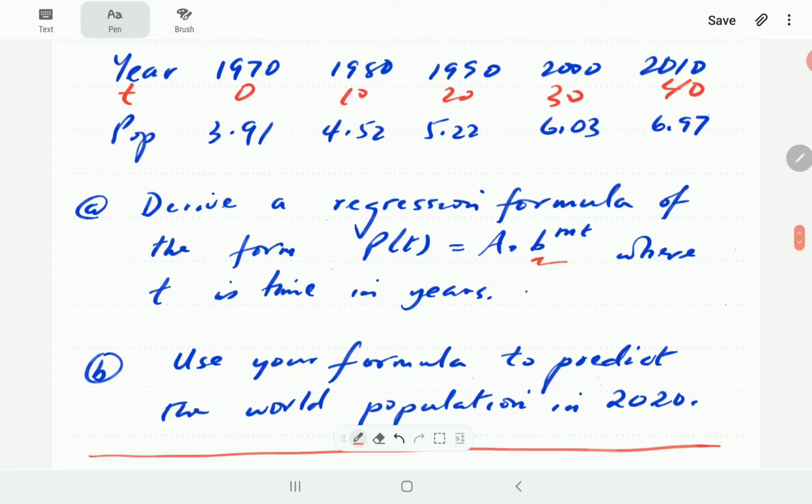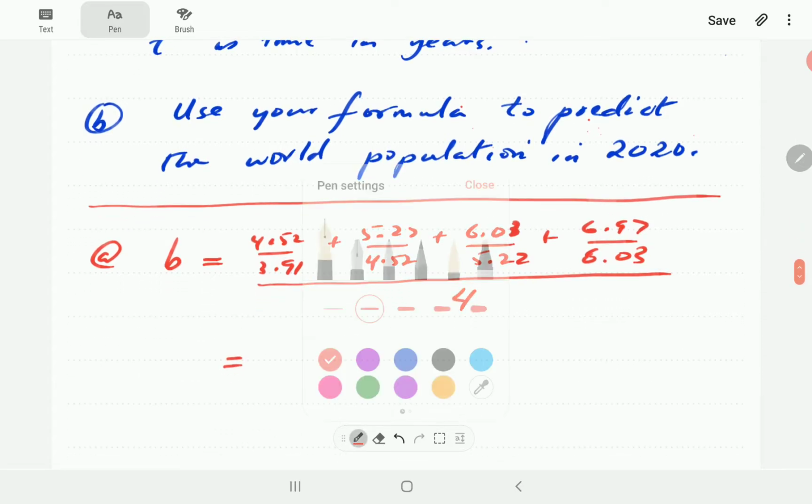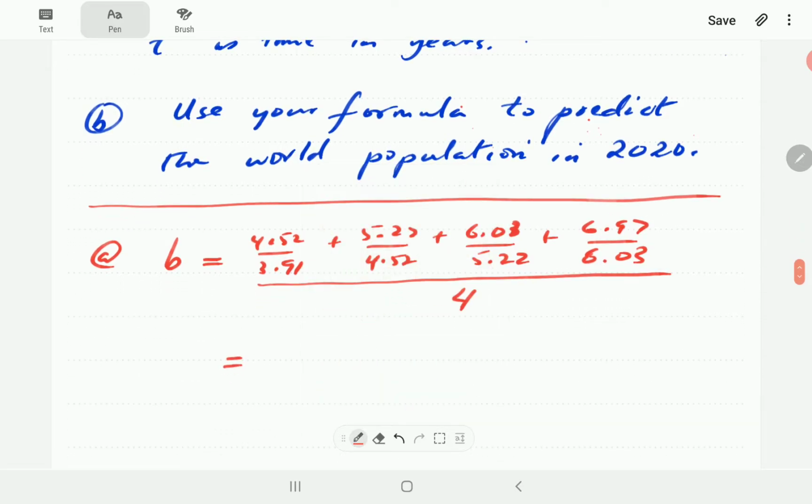And then to compute b, we need to work out the ratios between consecutive values. So we're going to have 4.52 over 3.91 here, 5.22 over 4.52, etc. So if we find all of them, we've got 1, 2, 3, 4.